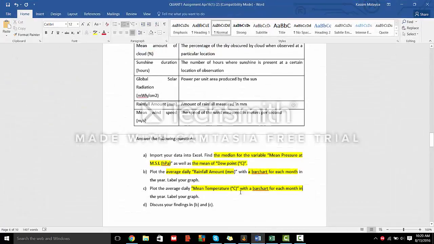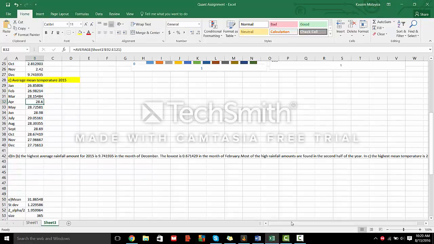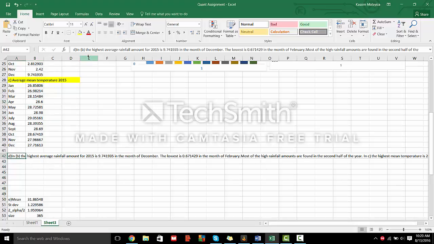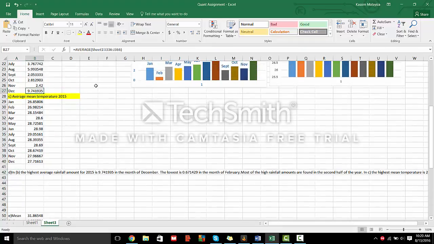Then the last question: discuss your findings in B and C. My findings were that the highest average rainfall amount for 2015 is 9.74193 in the month of December.